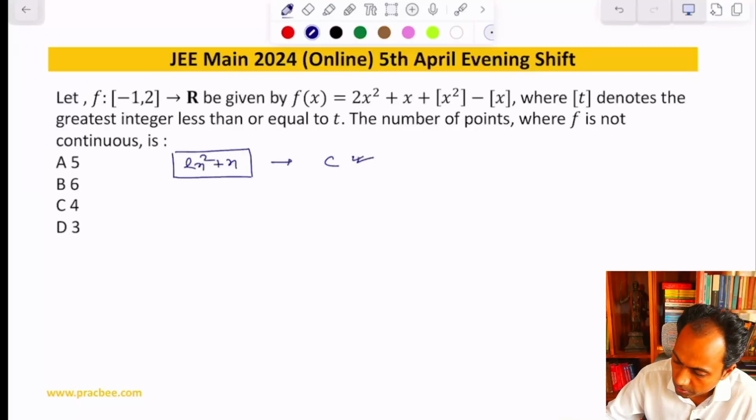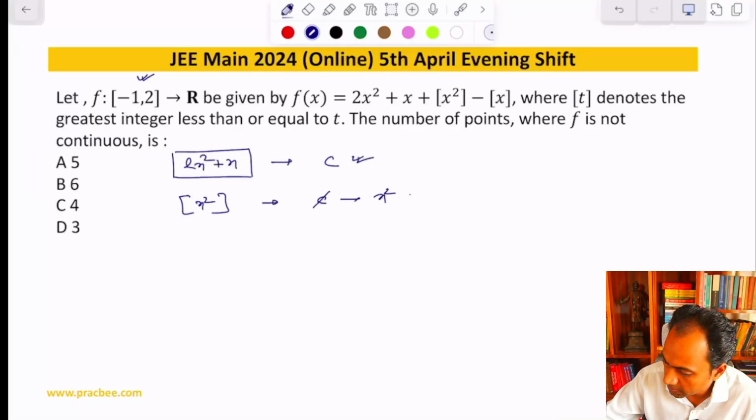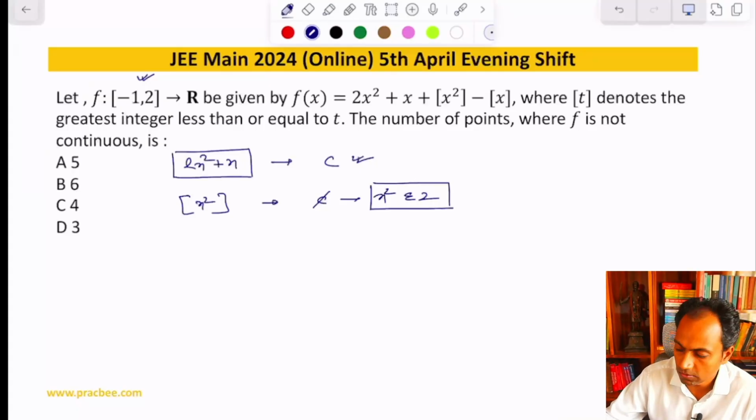If you look into the GIF of x square, and if I am looking at values between -1 and 2, it will become discontinuous whenever x square becomes an integer. So these are the points where it will become discontinuous.